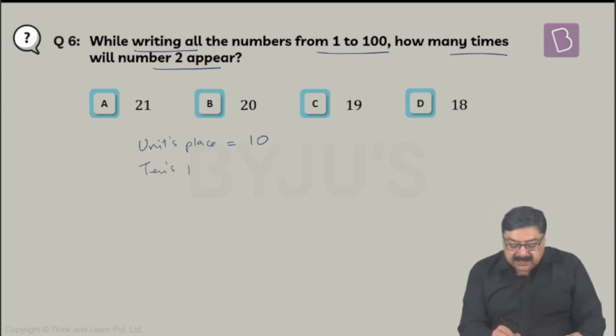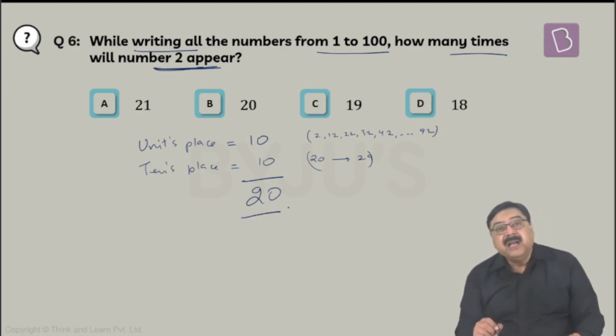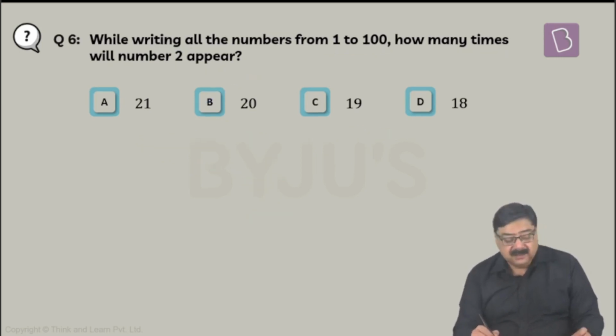And in tens place, it appears 10 times, that is from 20 to 29. So in total, 10 plus 10, 20 times the number 2 will appear. So hence, choice B is the correct answer.